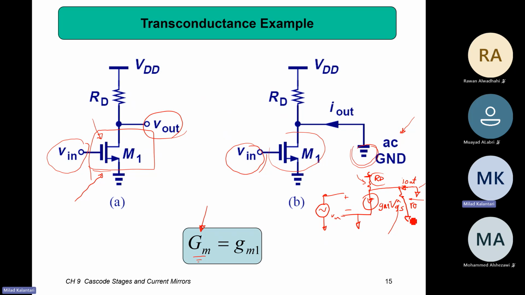There is no voltage across the resistor, and if there is no voltage, then there is no current inside the resistor. So whatever current this current source generates doesn't go through these resistors. The output current is the same current as this current source we have. Then for this block, the GM would be just the small GM of the device. Is this clear?